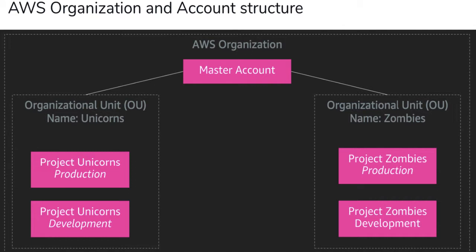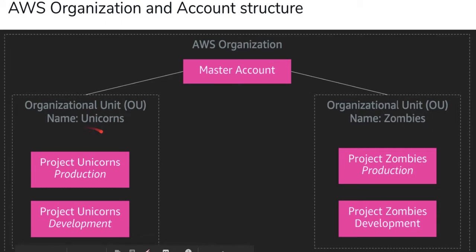So you could have a lot of projects, and you want to have one billing account. Then you could create an organization and bring all your other accounts under that master account, and each account under that is called an organizational unit.